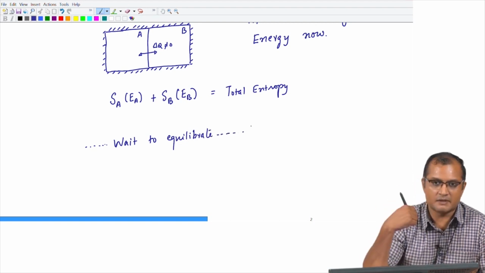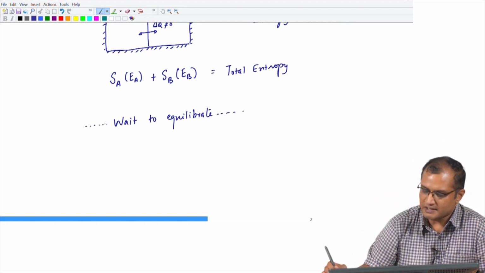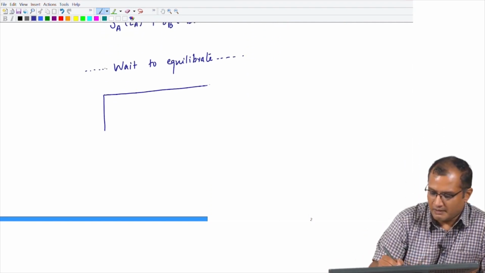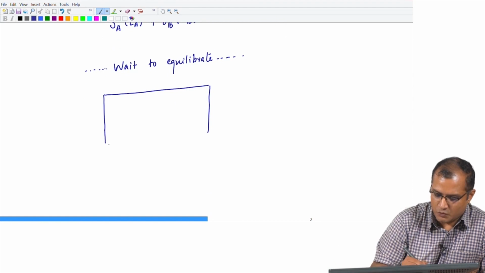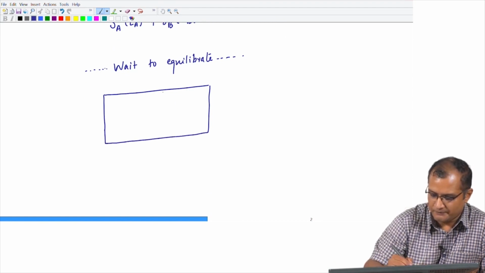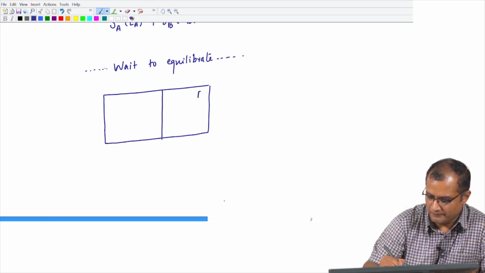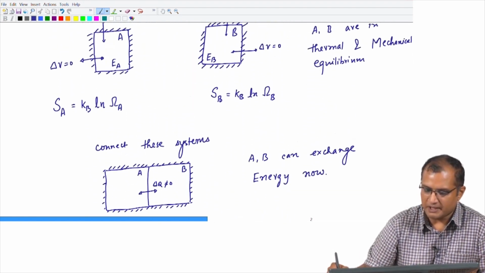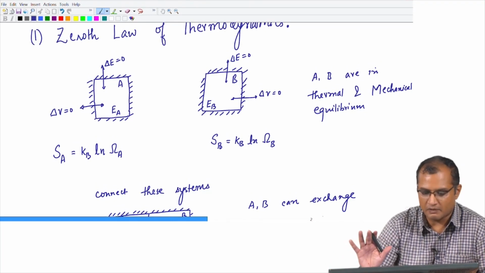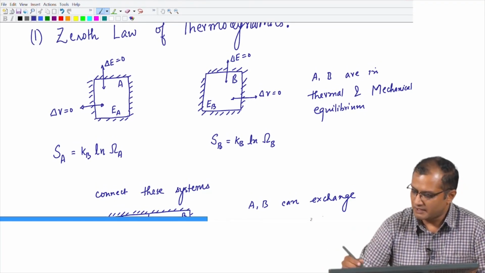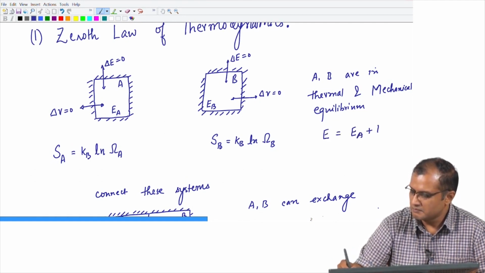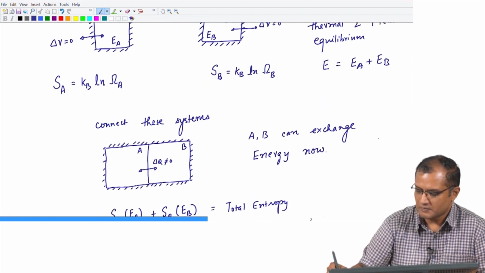So, you come back after some time and now you see that the total entropy, keep in mind that the total system is isolated, which means our energy initially was E_A plus E_B.